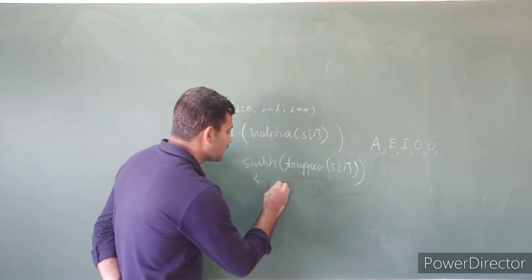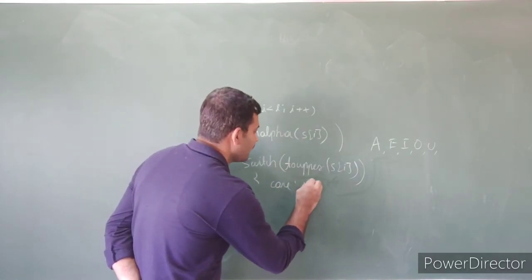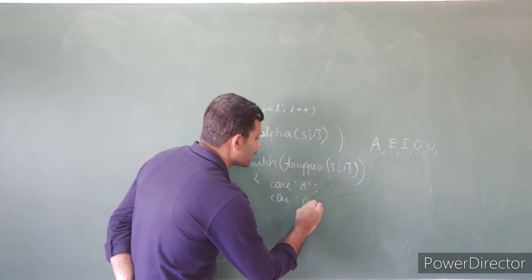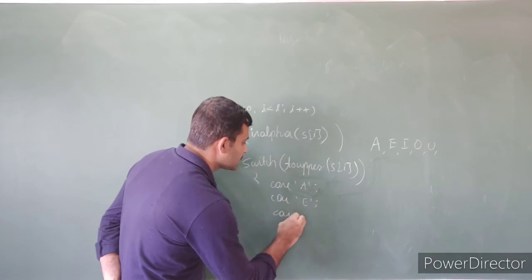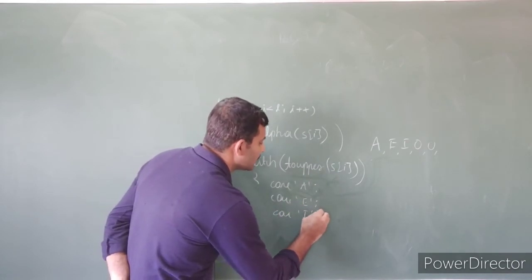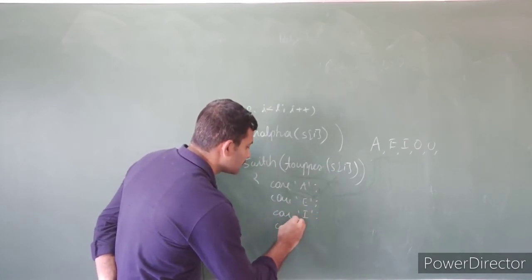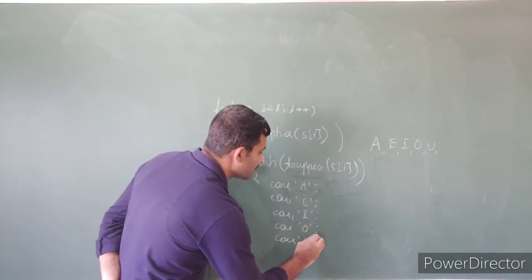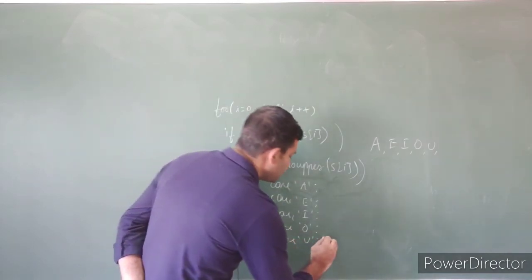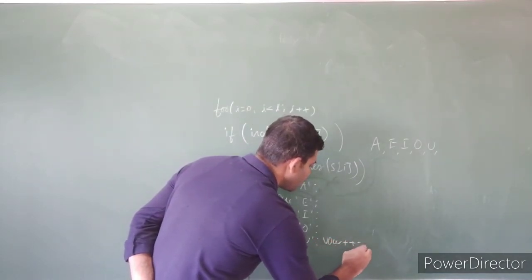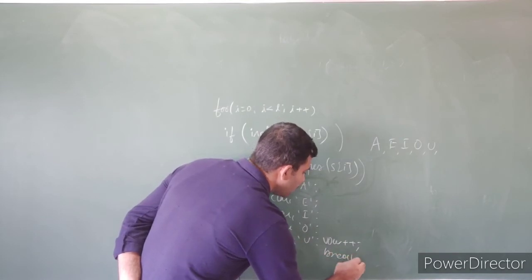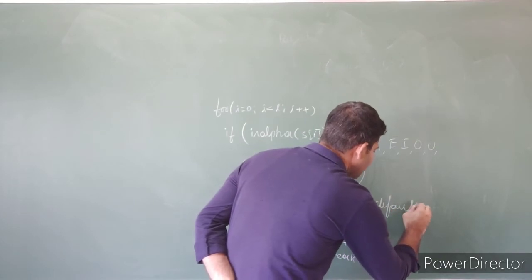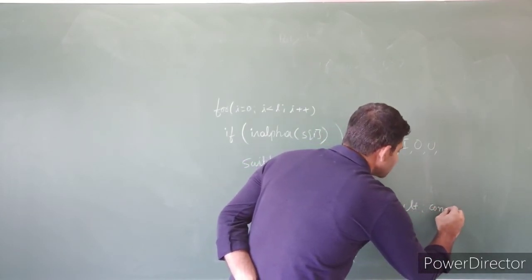So in case 1, we write A. In case 2, we write E. In case 3, we write I. In case 4, we write O. In case 5, we write U. If it is true, then we increment the vowel, then break. In the default statement, we increment the consonants.